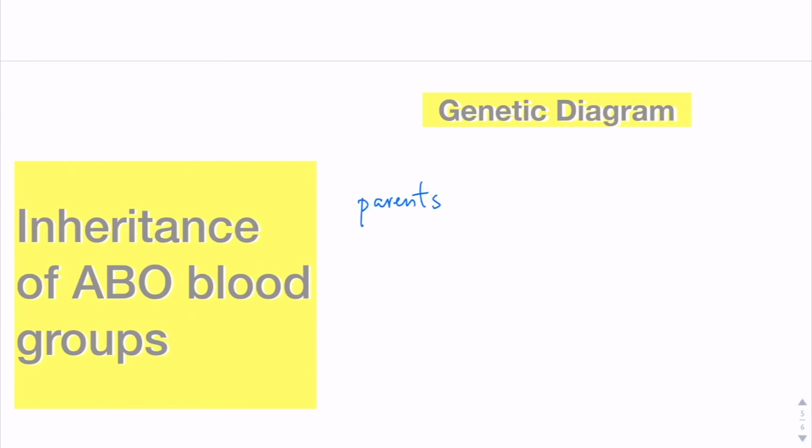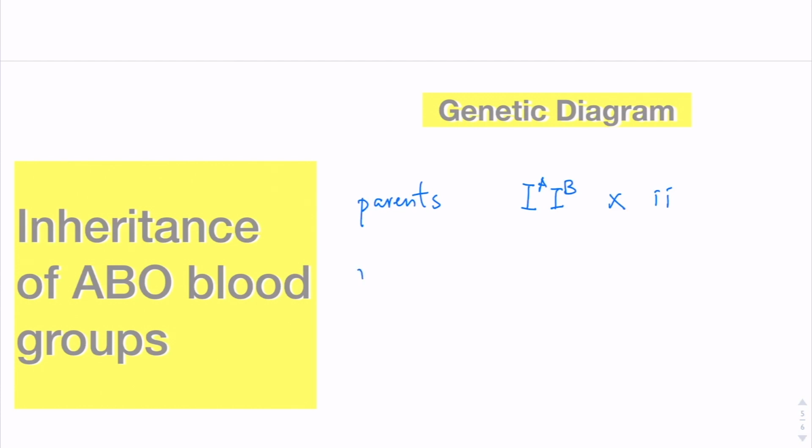The first person has blood type AB, so the alleles must be I^A and I^B. The next person has blood type O, so the genotype must be small i, small i. That is very simple.